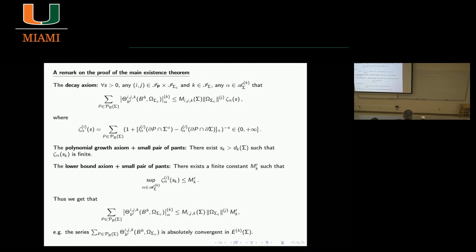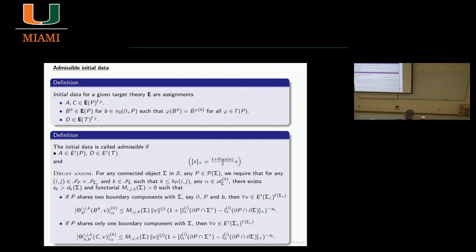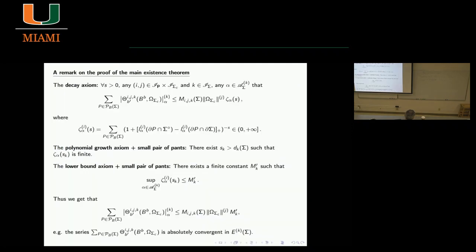Then by this decay estimate, which I just showed you, here's the estimate, except that it has this factor here. But all that I used was this estimate here, where I got this thing here for each of the terms in the sum over pairs of pants, and then I simply define this zeta function here to be that guy here.